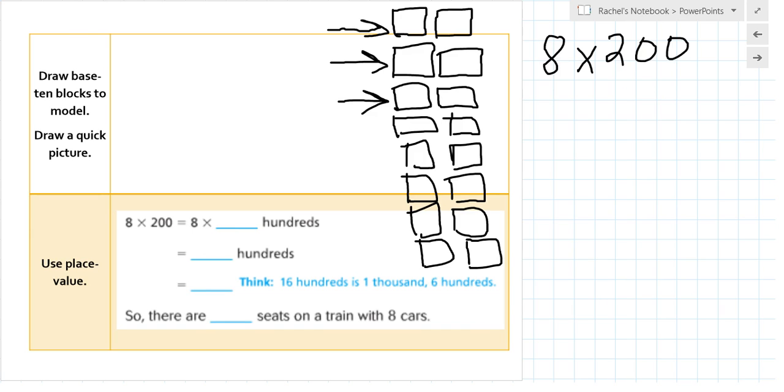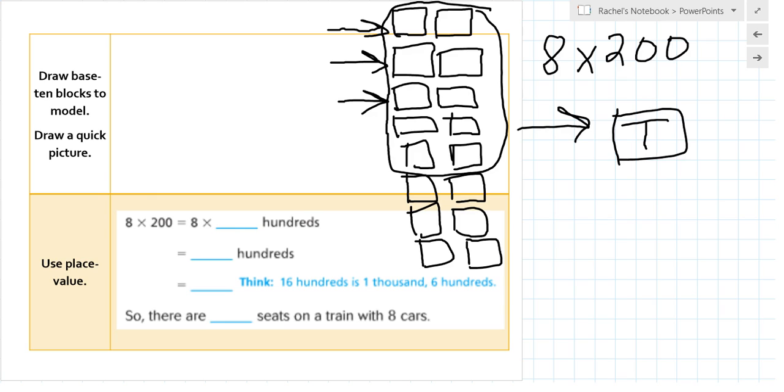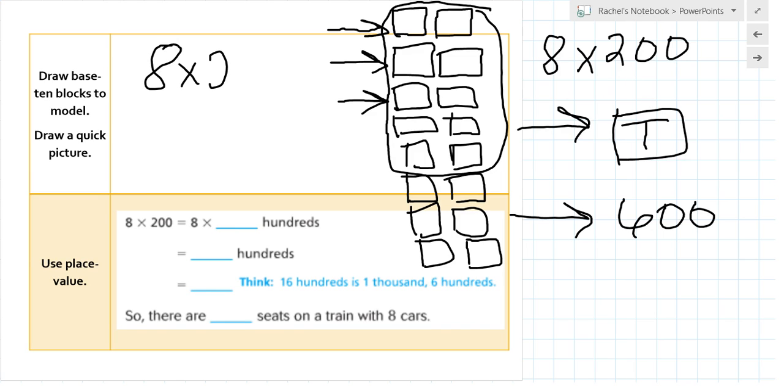We've talked about renaming numbers, and so I can group 10 of these and trade them in for 1,000, and we represent a 1,000 cube in our base 10 models with a T in the rectangle. And then the rest left over is 2, 4, 600, 600s. So the answer with our base 10 blocks for 8 rows of 200 is 1,600.